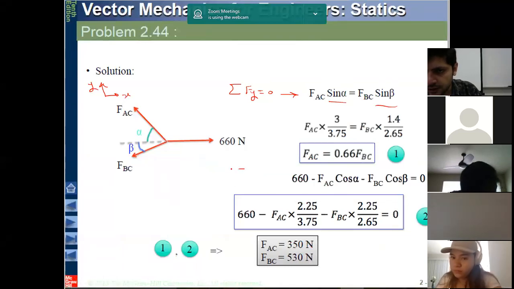And then we can write sigma Fx, and so in the x direction, in the positive direction we have 660, and then the cosine factors. So we have two equations, two unknowns, and if we solve, we get these two answers.